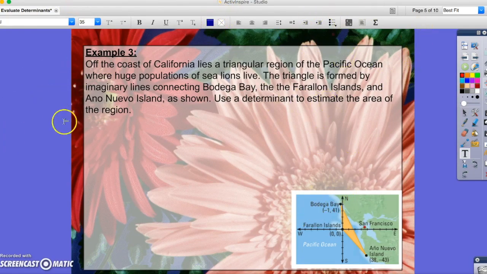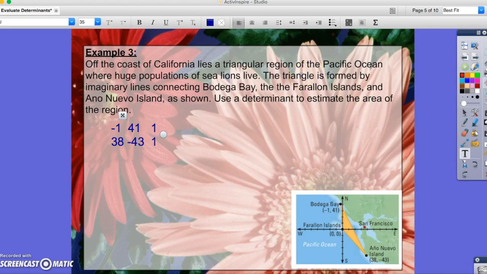So I'll do Bodega Bay first. So in your box, you have -1, 41. If you notice, I always put a 1 there in the end. Then let's do Ano Nuevo Island next. So we have 38, -43, and add that 1.